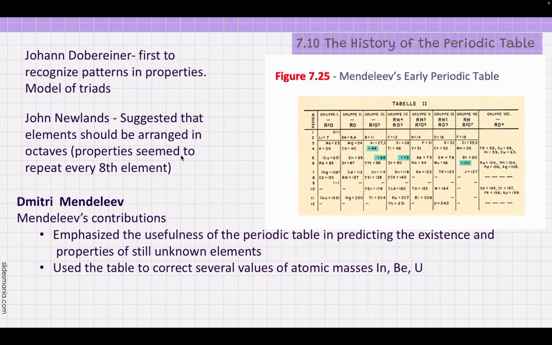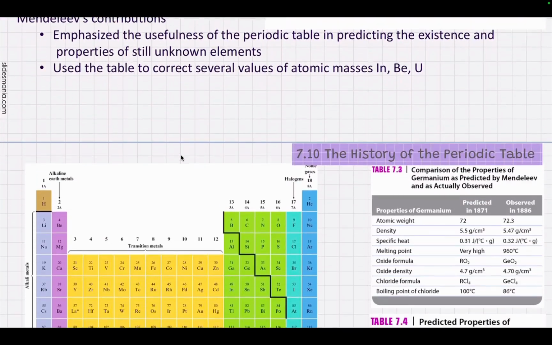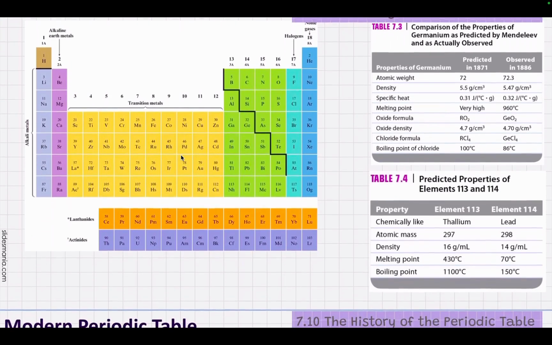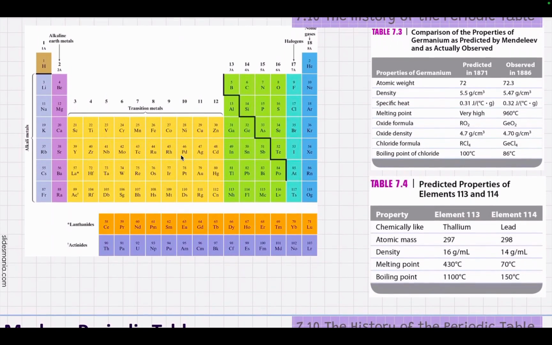So, showing that there are repeating patterns within the elements. And that would have been one of our first periodic tables. This is showing you some of his comparisons, like for germanium compared to the actual element once it was discovered in 1886.